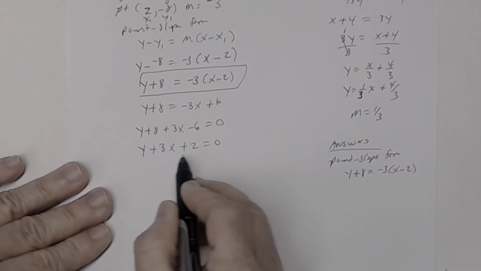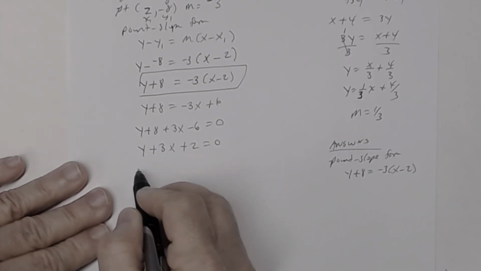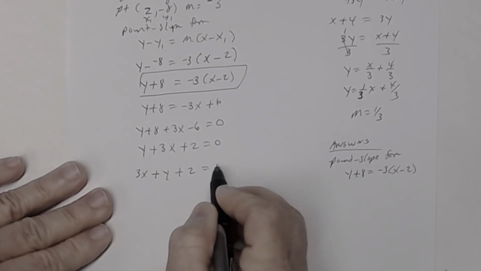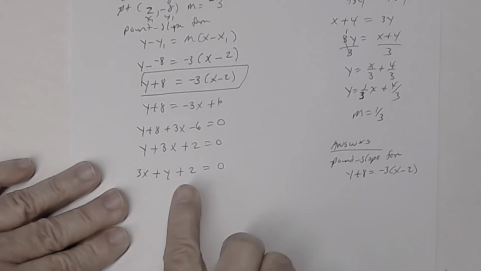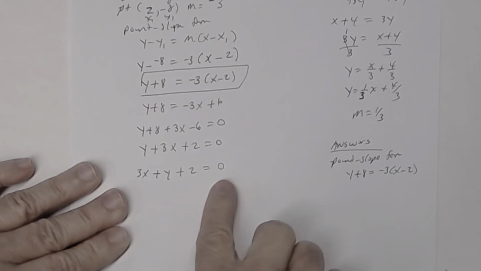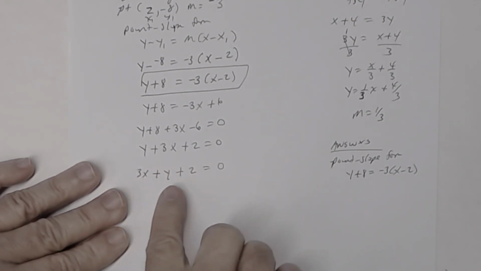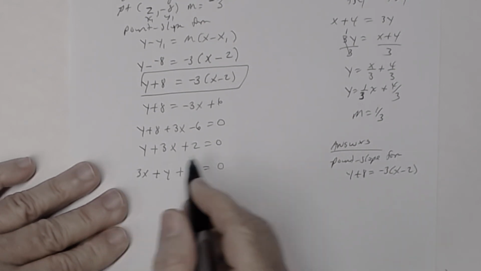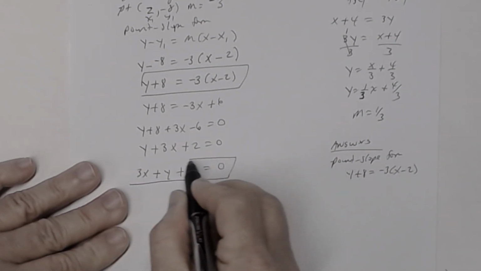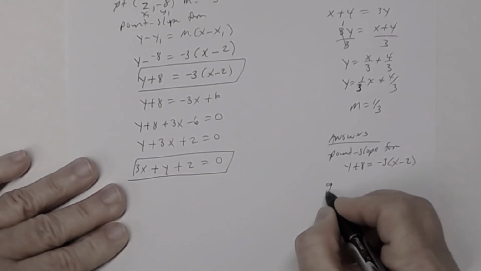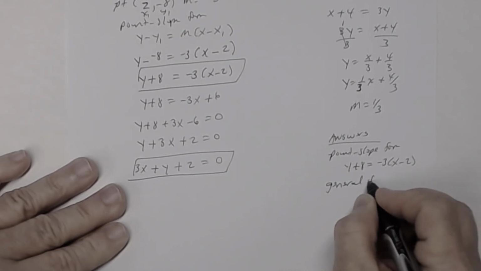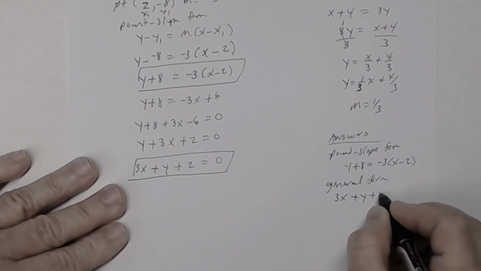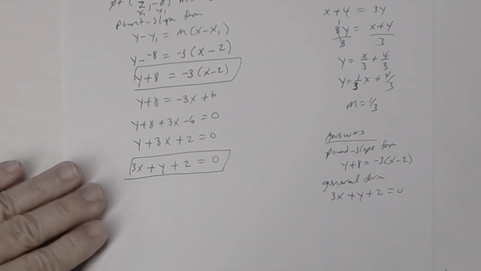So when I rewrite this and put the x term first, 3x plus y plus 2 equals 0, notice that there are no fractions, right? And the coefficient of x is positive. So you're done. There's your answer. So that is general form. So general form is 3x plus y plus 2 equals 0.